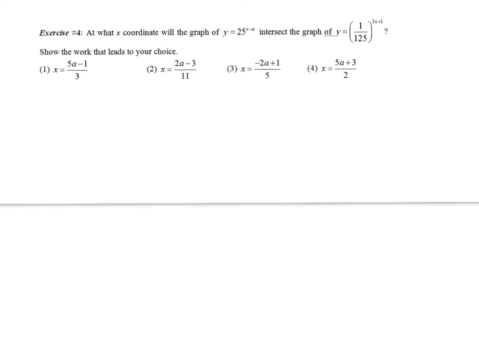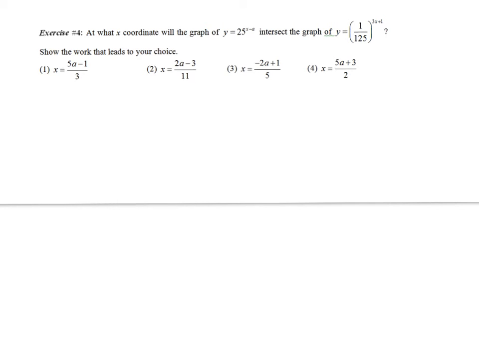Let's do one more example together, and then I'm going to give you some time to try some of these problems on your own. In exercise number 4, it says at what x coordinate will the graph of y equals 25 to the x minus a intersect the graph of y equals 1 over 125 raised to the 3x plus 1?